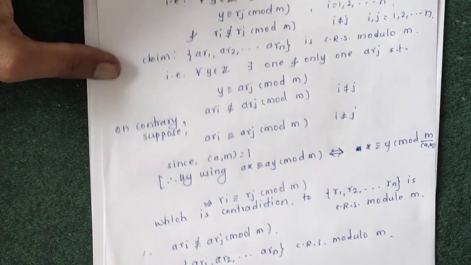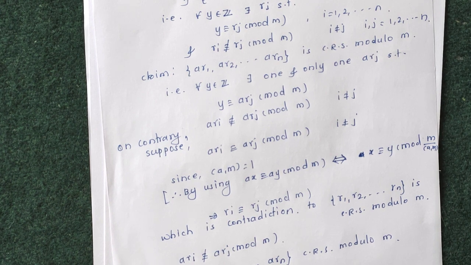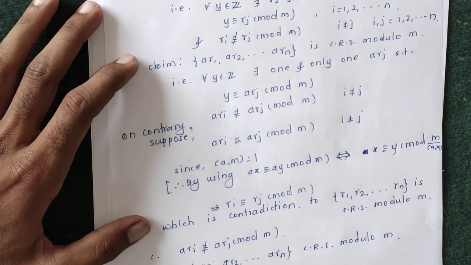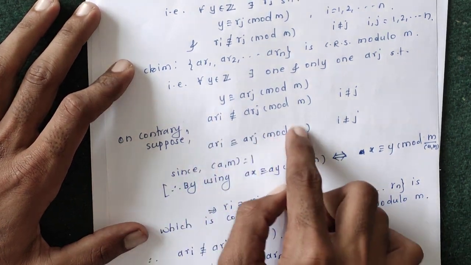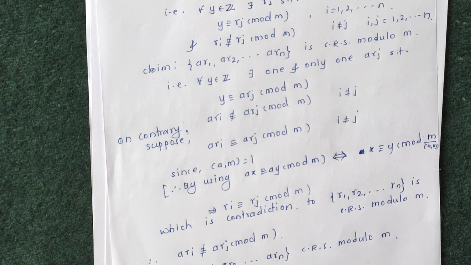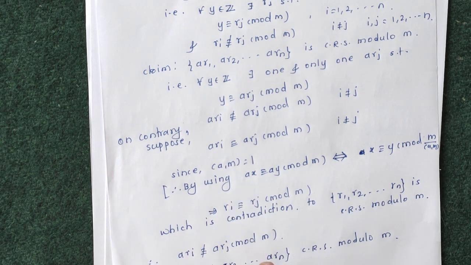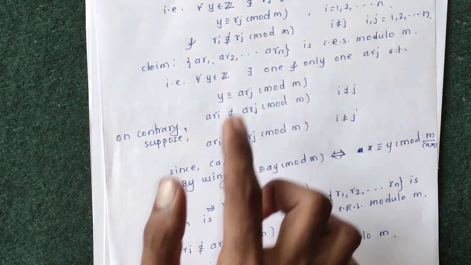We have given that GCD of A and m is equal to 1 and R1, R2 up to Rn is a C.R.S. modulo m. Then by using the definition, to prove this we contrarily supposed that ARi is congruent to ARj modulo m, and by using this result we can clearly say that Ri is congruent to Rj modulo m.